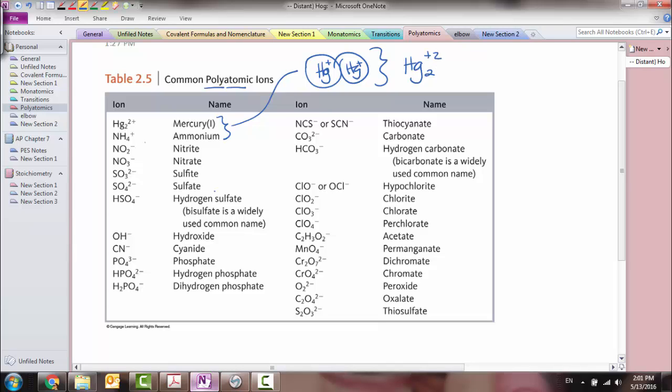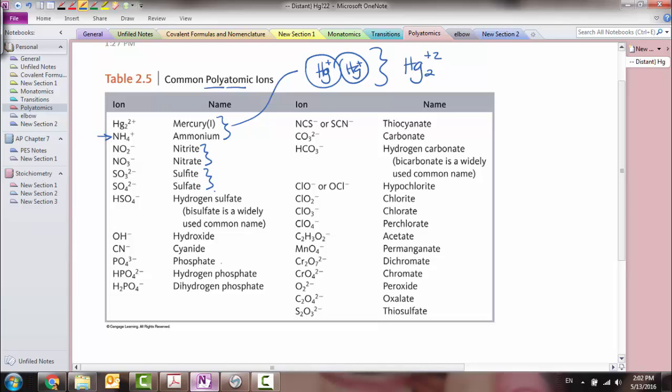So that's Mercury 1. The other only positive polyatomic ion is ammonium. It's very similar to the compound ammonia, which is NH3, but it's the ion NH4. All right, so the next thing I want to show you is that there are some combinations of ions that have ites or ates.